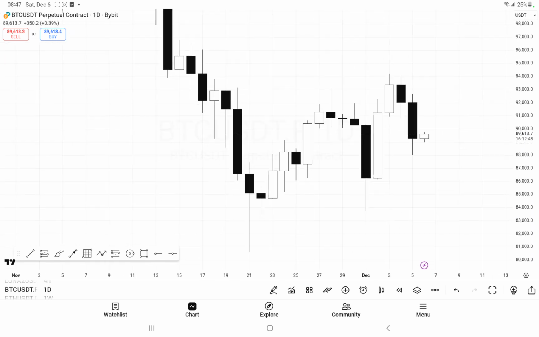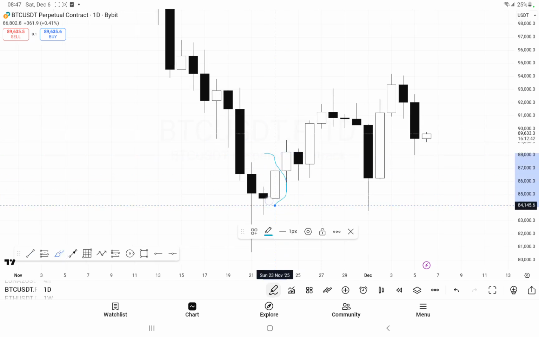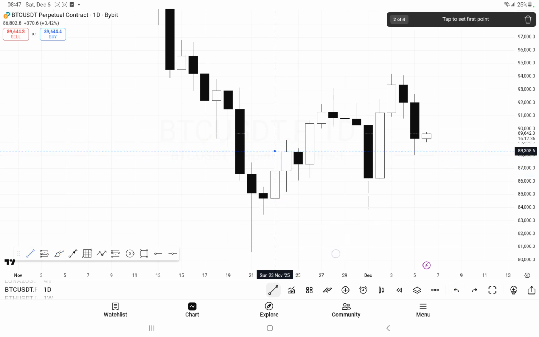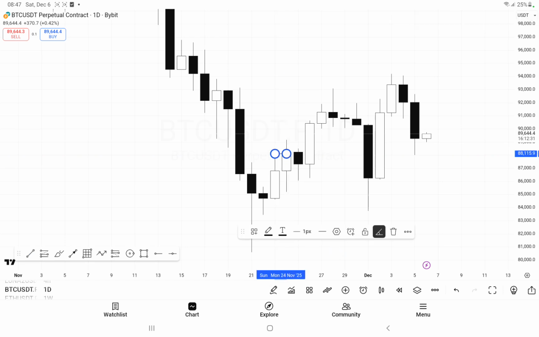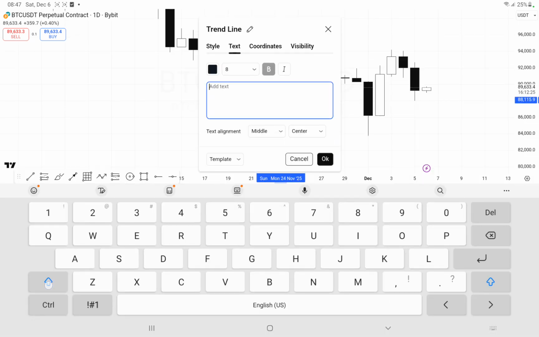So for example, from this candlestick to this candlestick, it's a break of structure. How? We have price closing with the body of the candlestick. You can mark this out as a BOS.